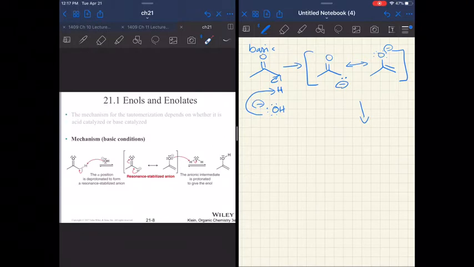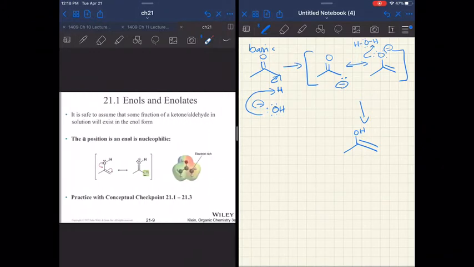Now, in basic conditions, right, you don't have acid around, so how are we going to protonate? We're going to use water, right? Water is awesome for being acid or base when you need it to be. And so we get our hydroxide back by wrapping this up and protonating our enol. So whether it's an acid or base, right, it's the same two steps, it's just in different orders.